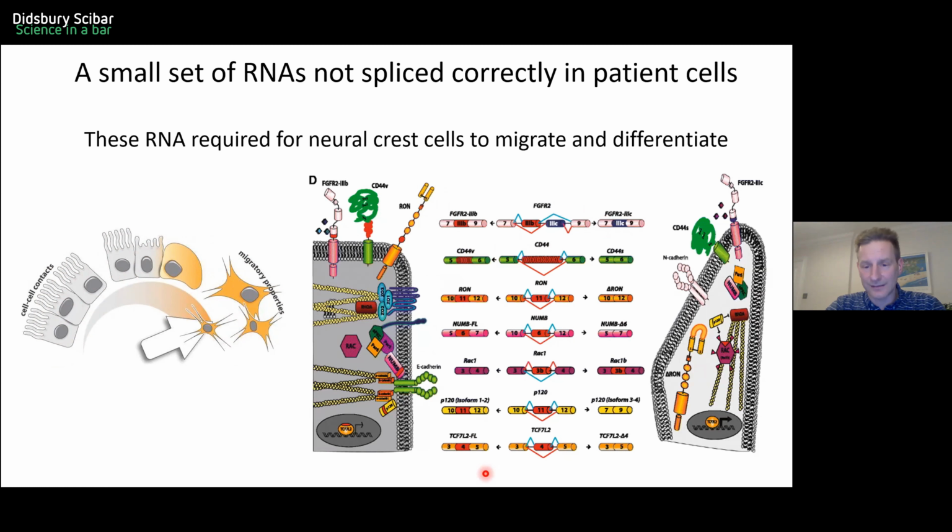This is the example here that we actually found. In these cells over here and over here, you get this splicing where you get inclusion of exon 4. But when you get the cells that start migrating and moving around and they change their structure, you don't have exon 4 in there.